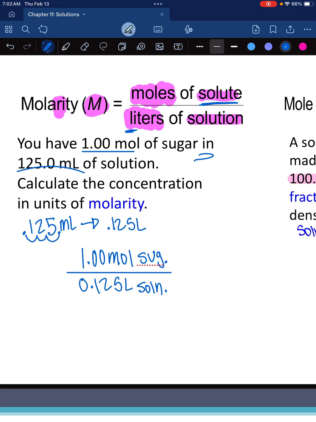That's why I underlined the "in". That's how we differentiate the solute and the solution. So once you get this over this, you divide, and you can see that M equals 8.